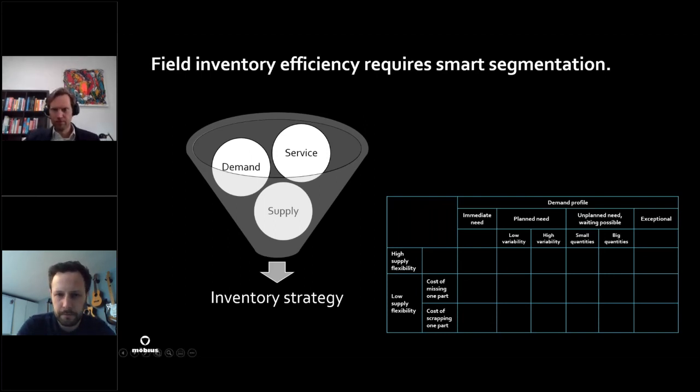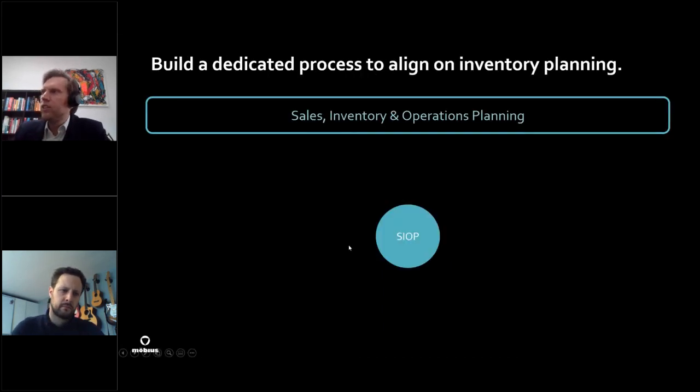And once you have that logic and you agree on that logic, the next thing is then to come to a process to align on the inventory planning itself, to align on what is the inventory and the investment that I will make, right?